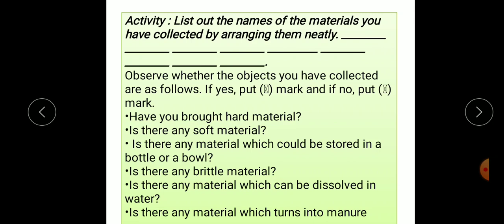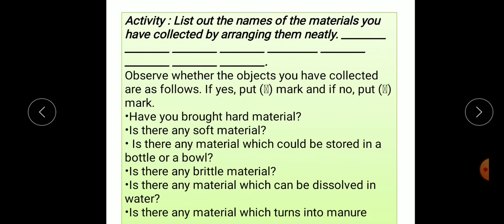So students, listen one by one. Have you brought any hard material in these pictures? Yes, we have brought hard materials. For example, stone, wood, and pencil are hard materials. Is there any soft material?